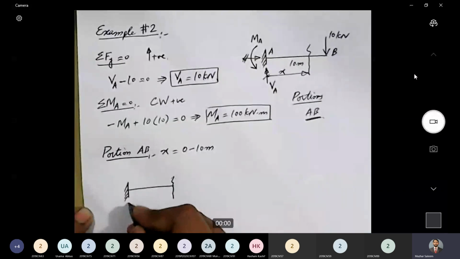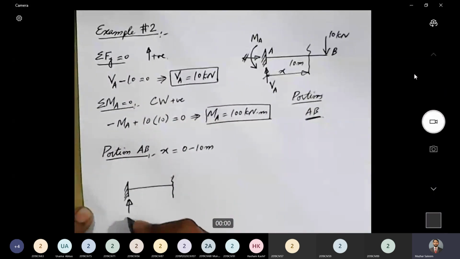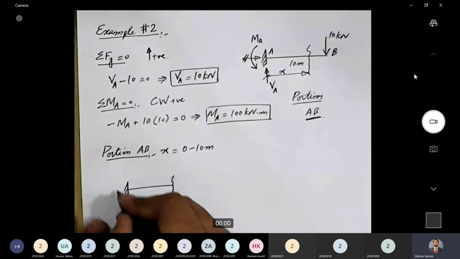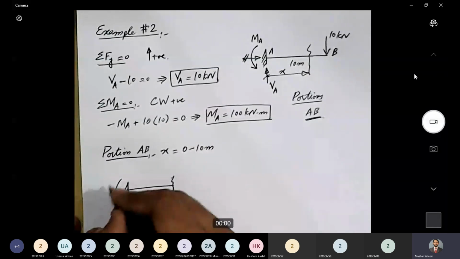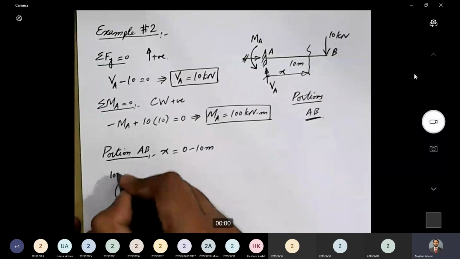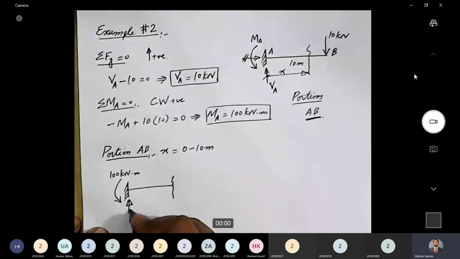This is the section. We have one reaction here. The reaction is 10 kilonewton, and the other reaction is the counterclockwise moment, magnitude 100 kilonewton meter.